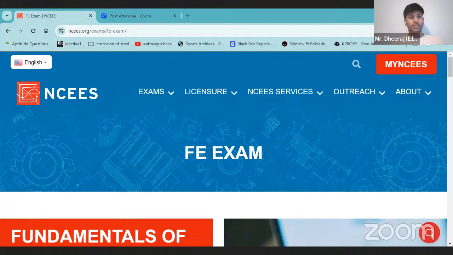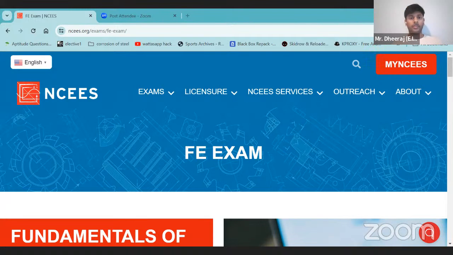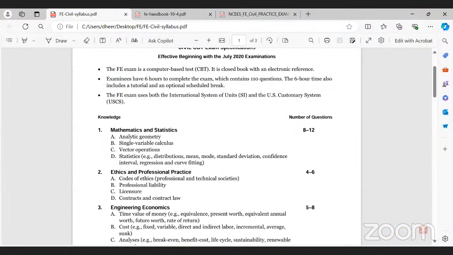The syllabus paper which I'm sharing right now, I hope you can see it, right? Can you all see the syllabus paper? No, we can't. I think the voice is coming from the system, not from your earphones, so the voice is not clear.